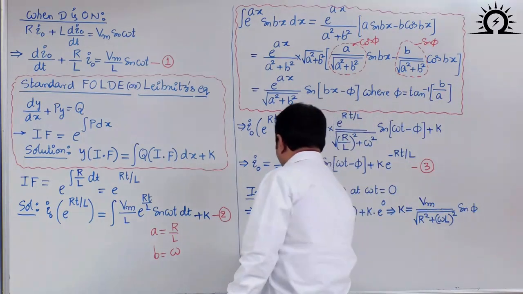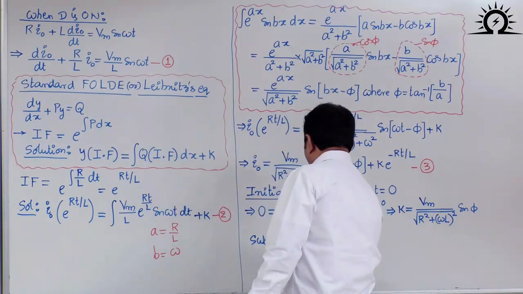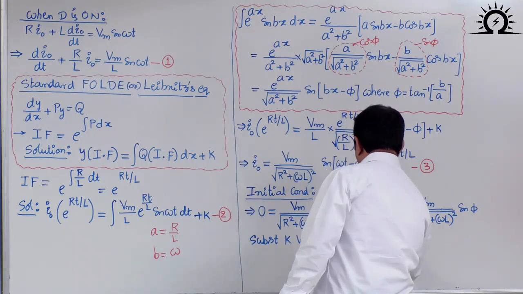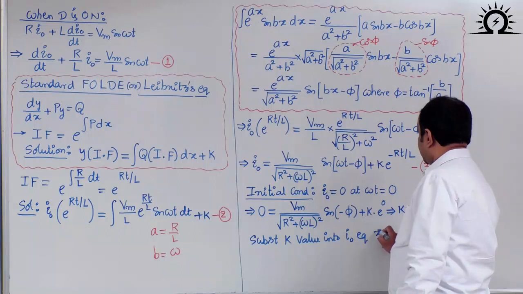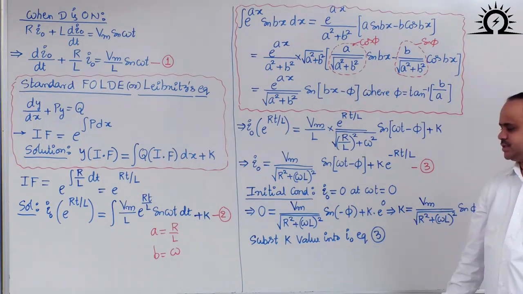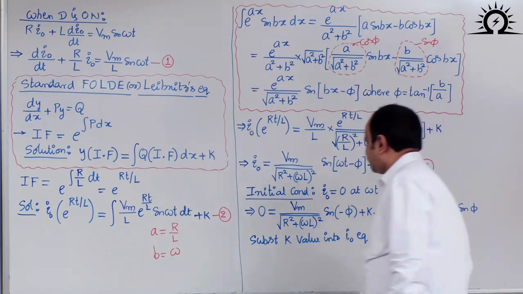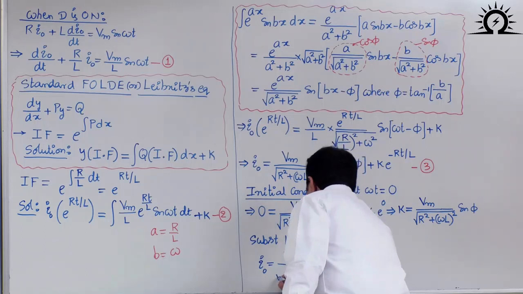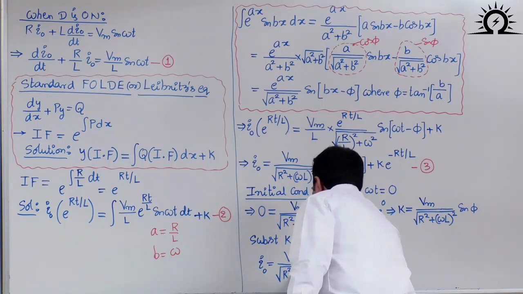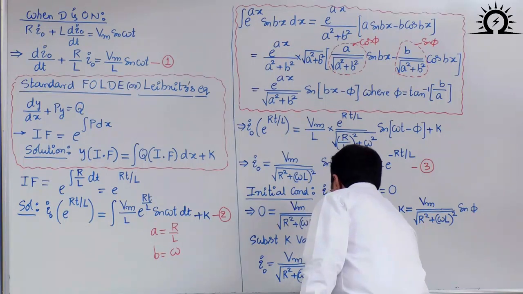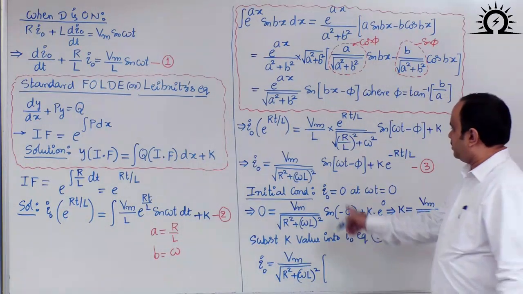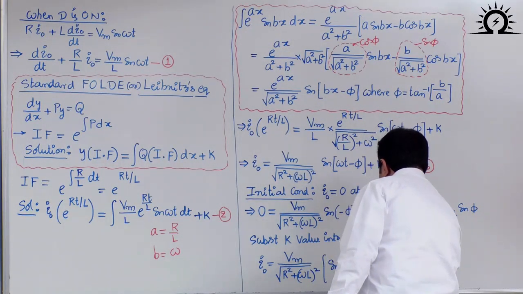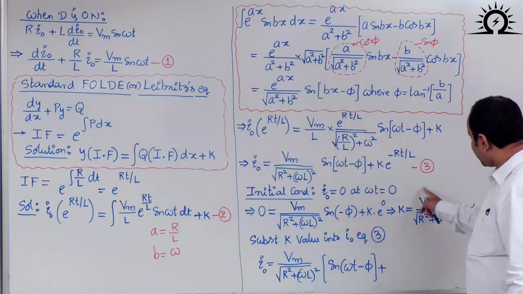Now substitute the k value into the I naught equation, that is equation number 3. Therefore finally what you will get, I naught is equal to Vm divided by root of r square plus omega L whole square multiplied with sin of omega t minus phi, plus again you have this term.